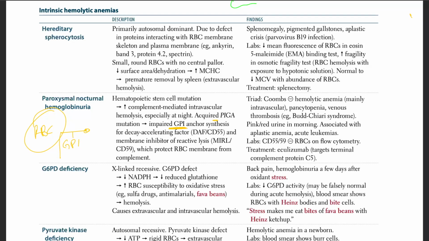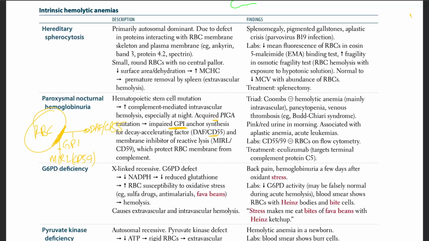One thing is DAF, which is also known as CD55, and the other is MIRL, which is also known as CD59. They're attached with the GPIs. GPIs are attached to the plasma membrane on the RBCs.